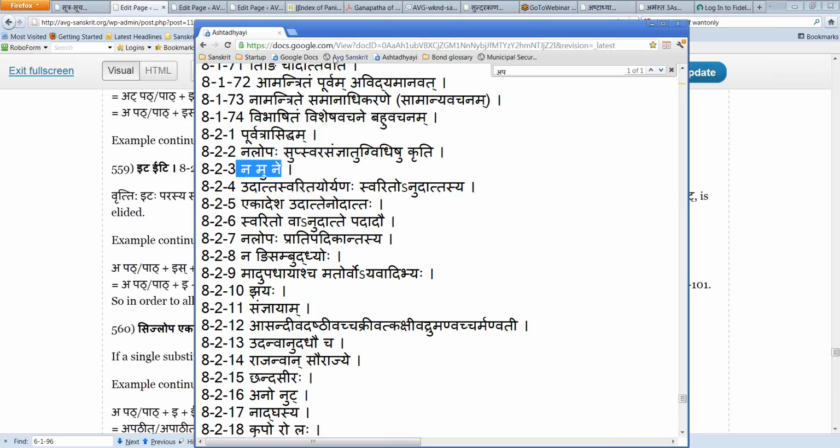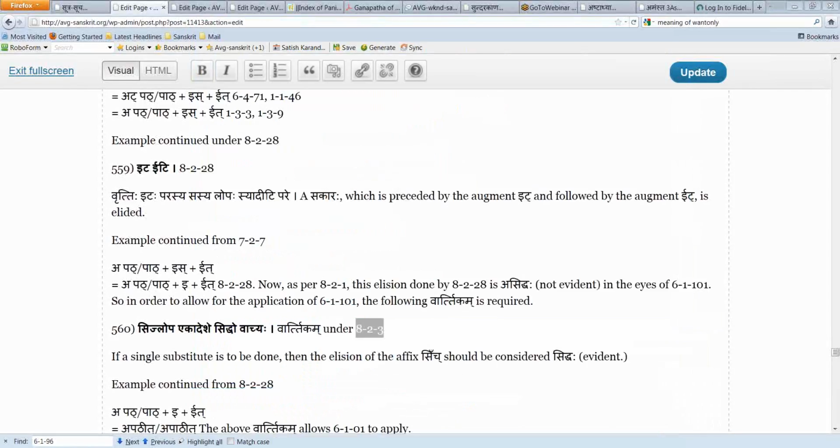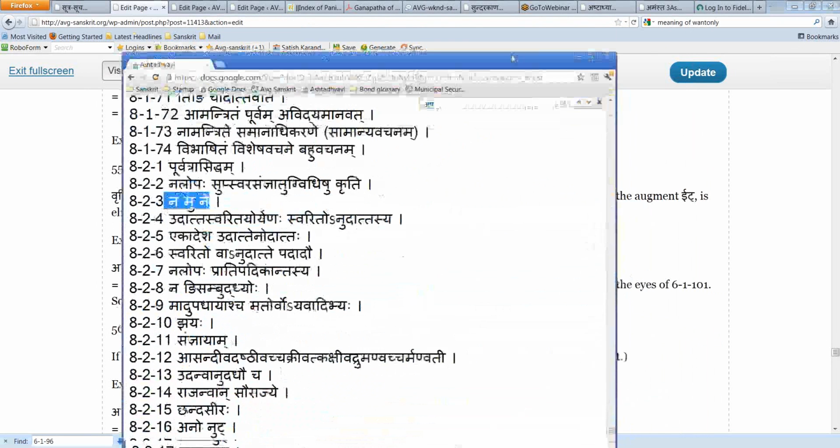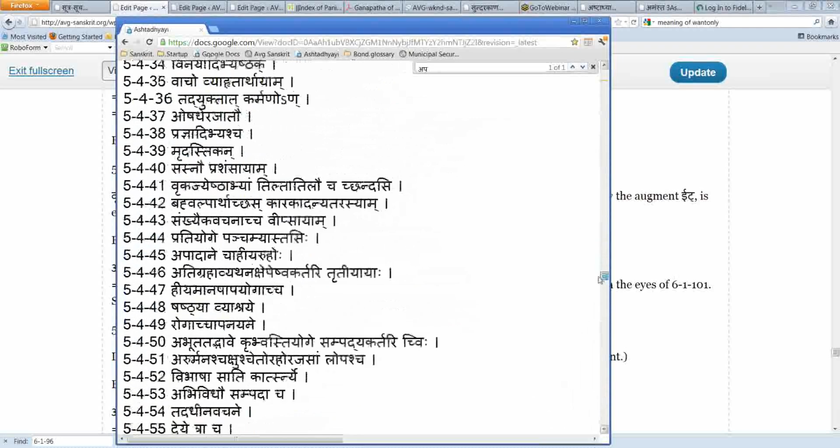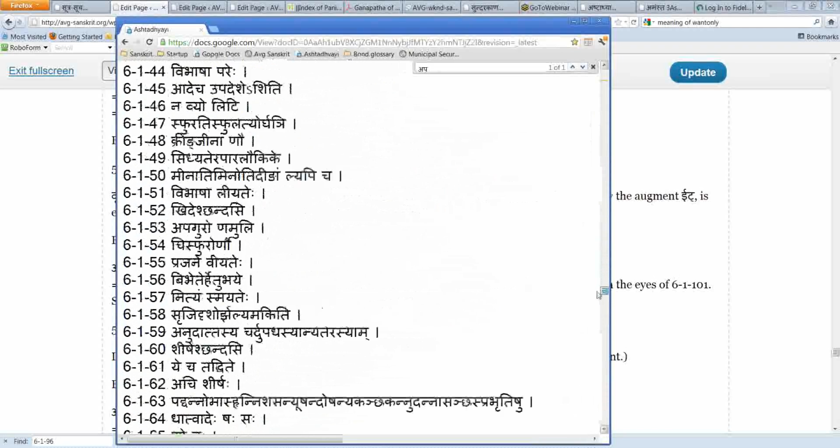Okay, one of them right now is that sich lopaha ekadeshe siddho vachyaha, ekadeshe kartavye. When you want to do an ekadesha, remember the adhikara of ekadesha, ekaf purvaparayoho, that goes from 6.1.84 up to 6.1.111.